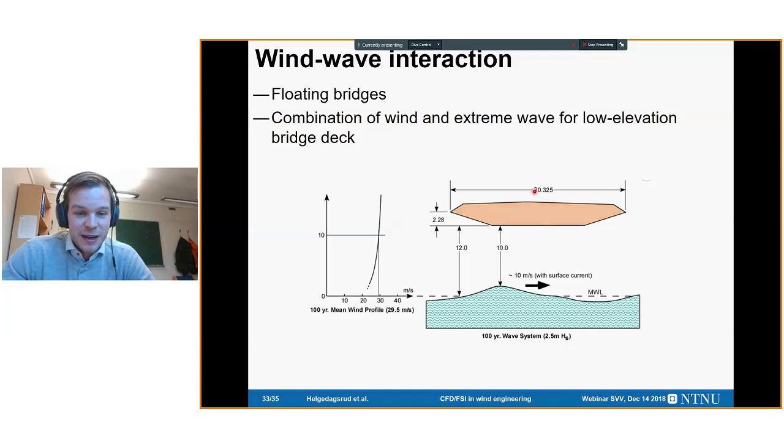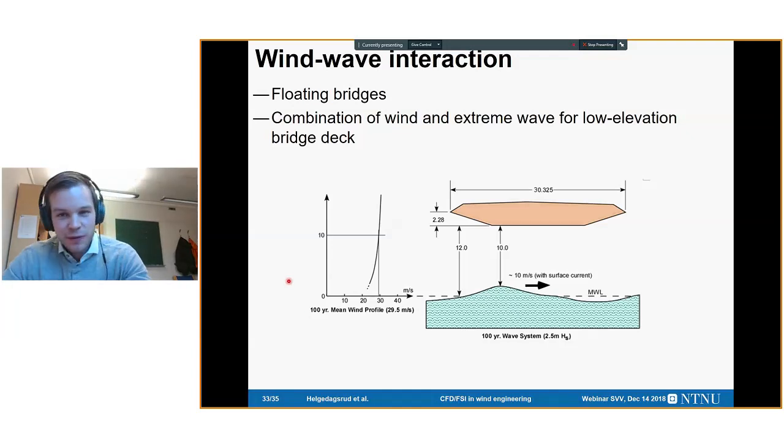It's a very wide deck with a low elevation, and he was asking, might CFD be something to look into for if you have a storm and you have this extreme wave coming? And this is sort of, you cannot do this with potential theory, and it's also a very difficult thing to do in the wind tunnel. So it might be something to look into for the simulations.